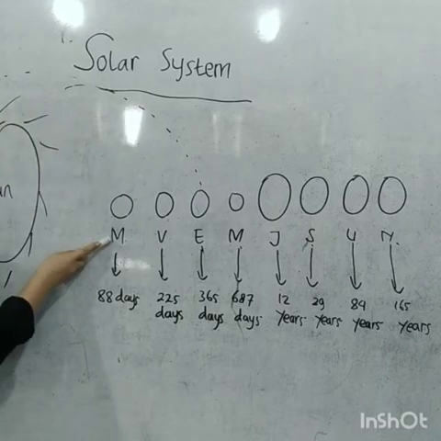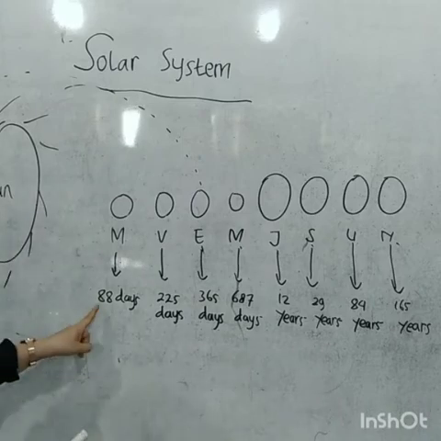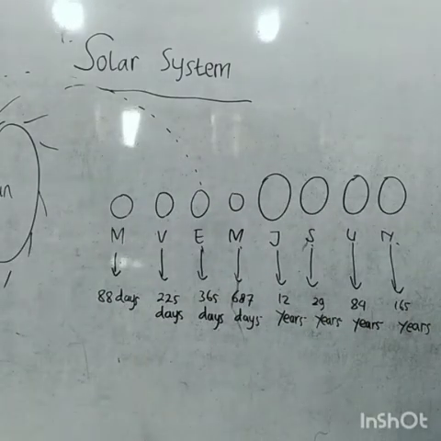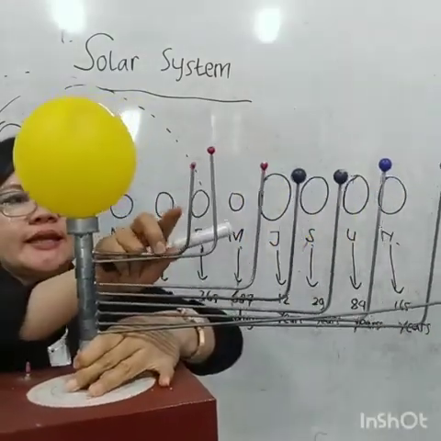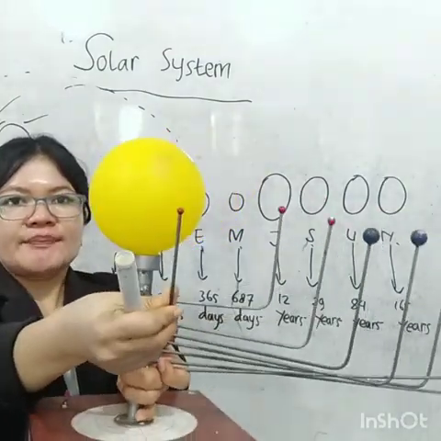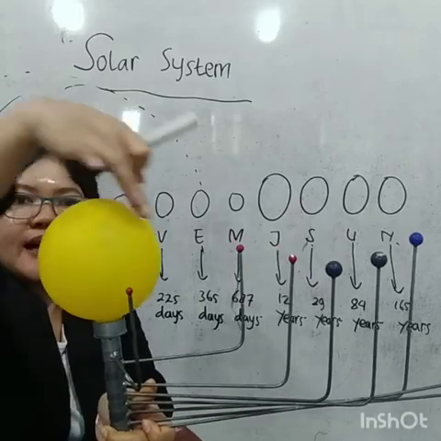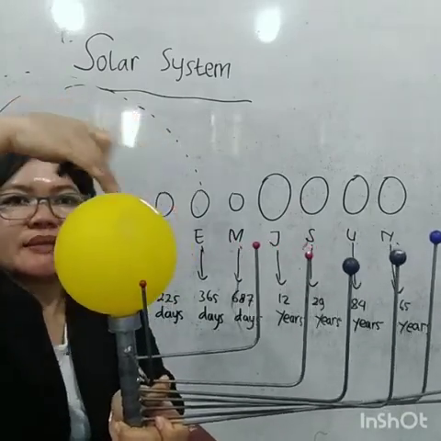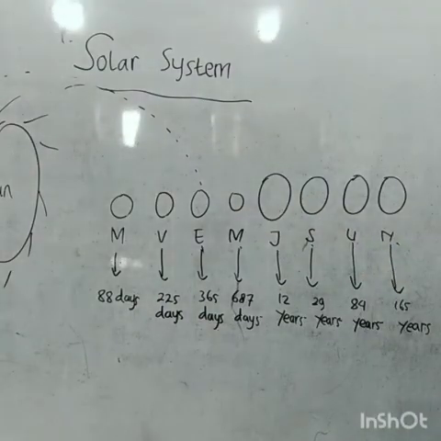For Mercury, it will take about 88 days. Saya ambil contohnya seperti ini, mengelilingi matahari sebanyak 88 days, 88 hari.